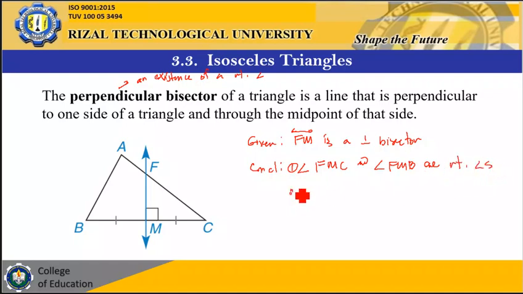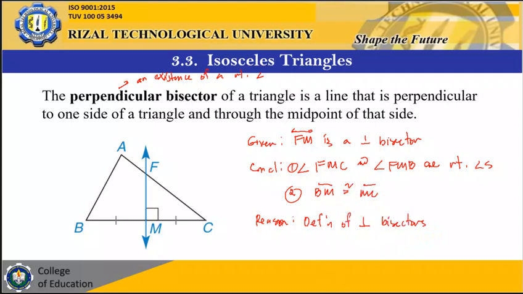The second conclusion is that segment BM is congruent to segment MC. The reason for this is the definition of perpendicular bisectors.